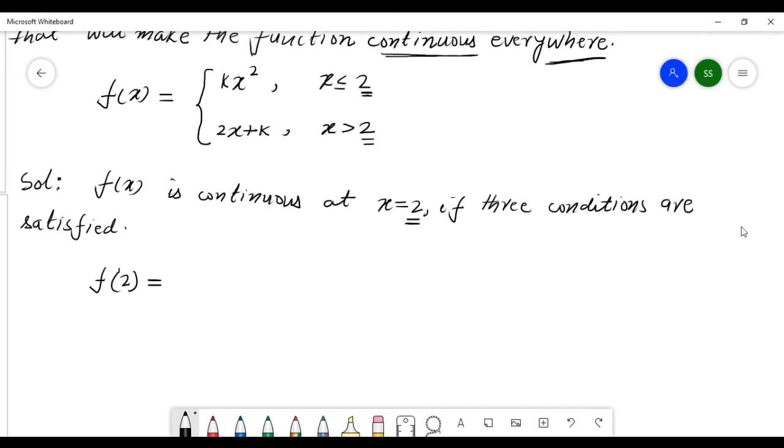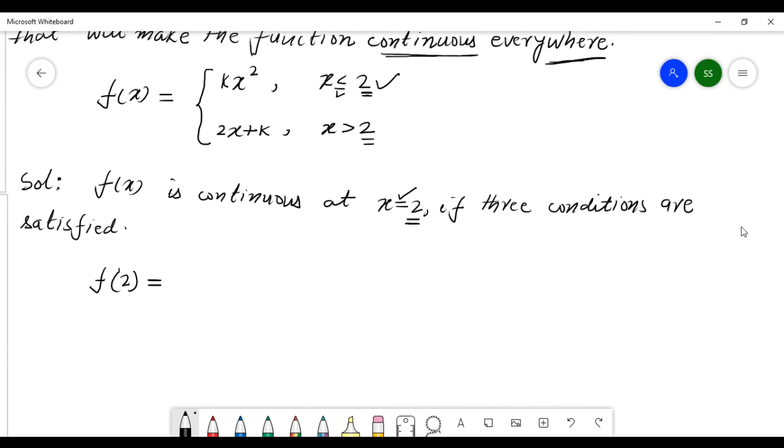You have to check this. Okay. So f of 2. It means what? Here x equal to 2 is present. See the function, where is x equal to 2 present?